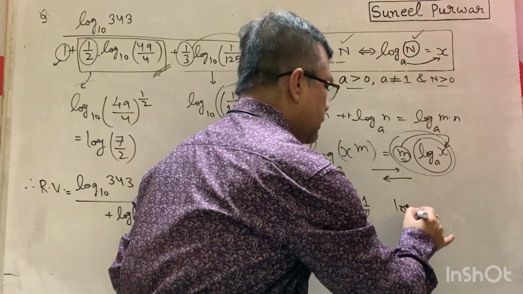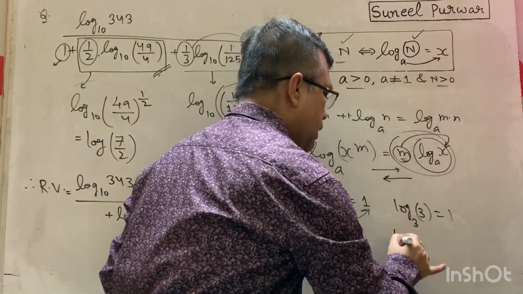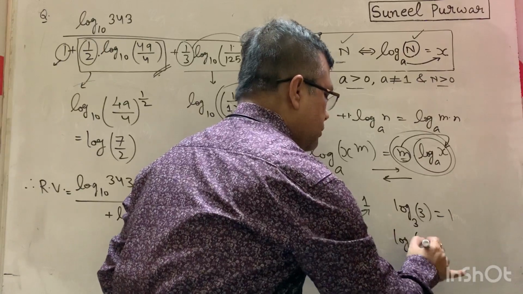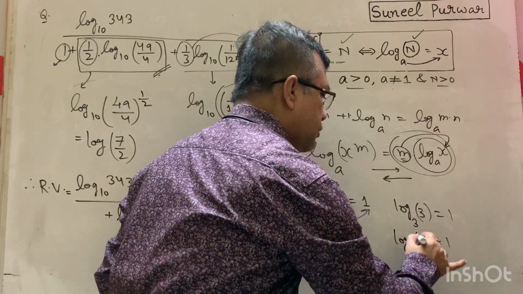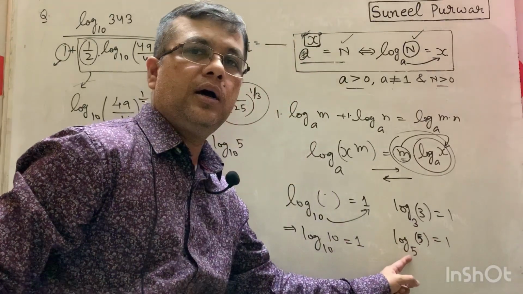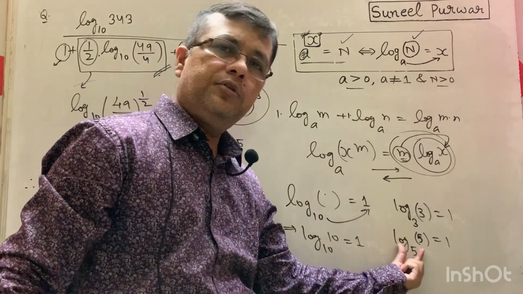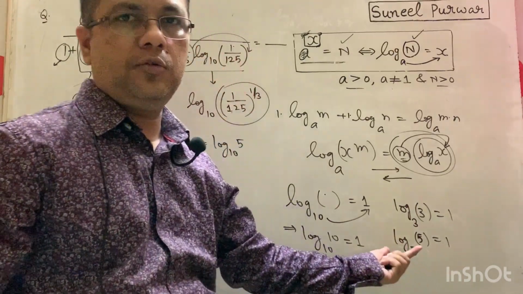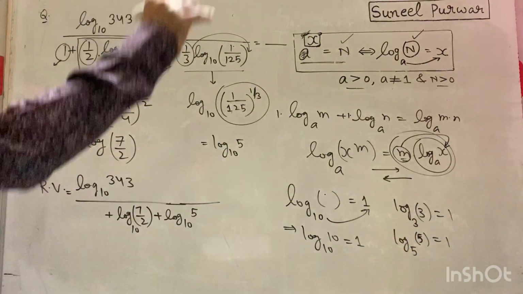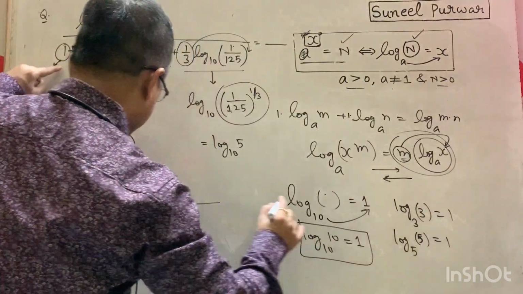Log at base 3 of which number is 1? Same number, 3. Log of which number at base 5 is going to give you 1? 5. So if the number and base are the same, the log value is how much? 1. This is what you were told. So this one will now be written as log of 10 to the base 10.